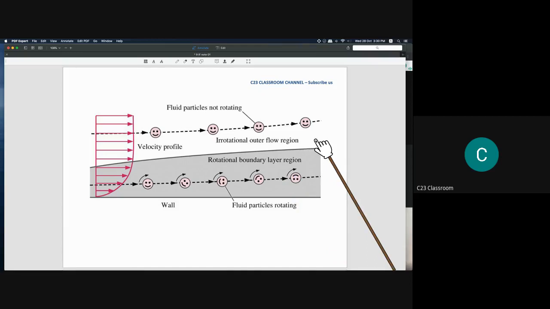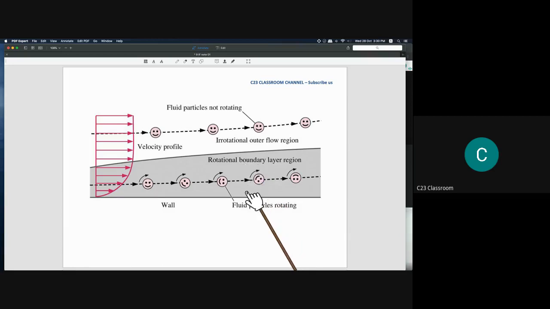So normally, in common calculation, we assume that all our calculation is actually in the irrotational flow region. Why is it not easy to calculate the rotational flow? Because another phenomenon exists, which is the boundary layer.